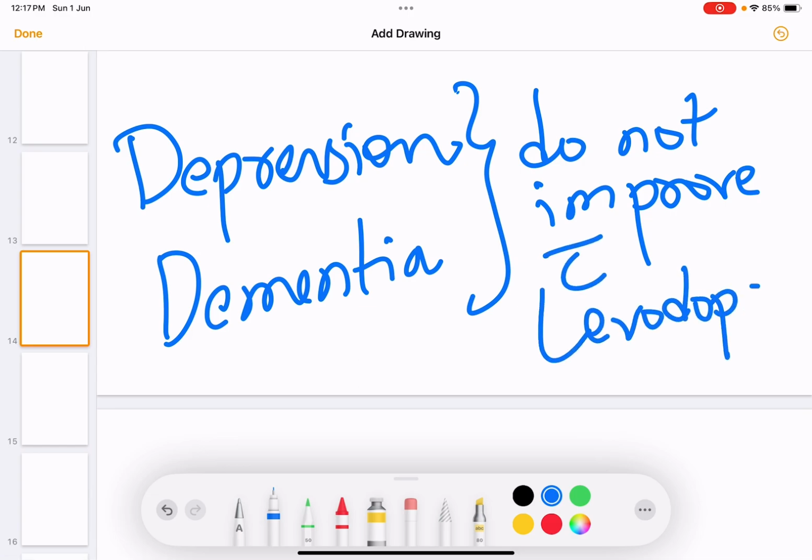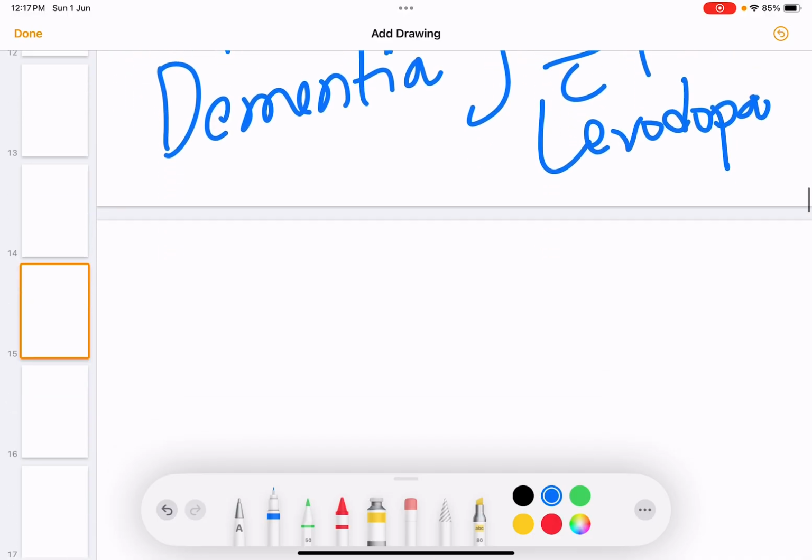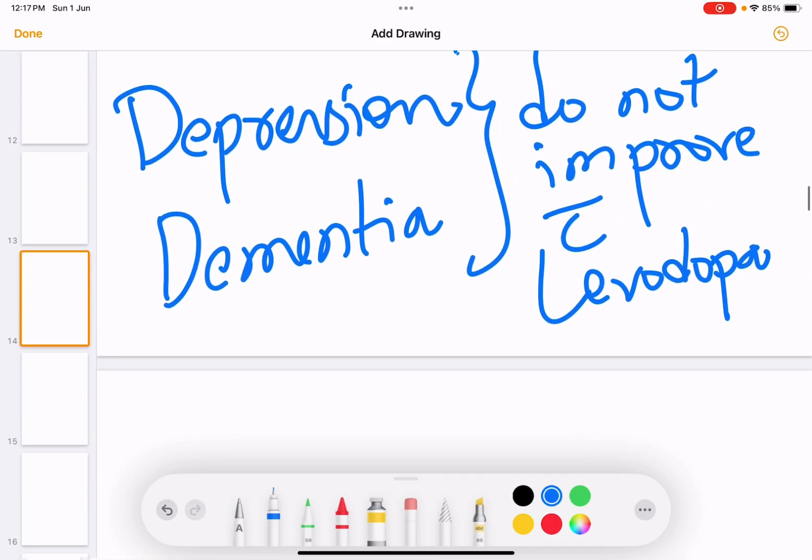Especially dementia does not improve with levodopa. So if there are many symptoms given and you have to choose one symptom which does not improve with levodopa, choose dementia.